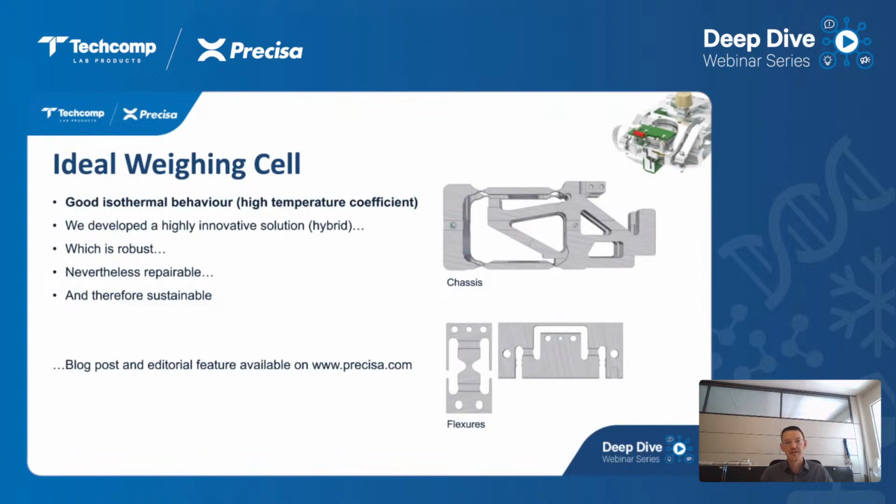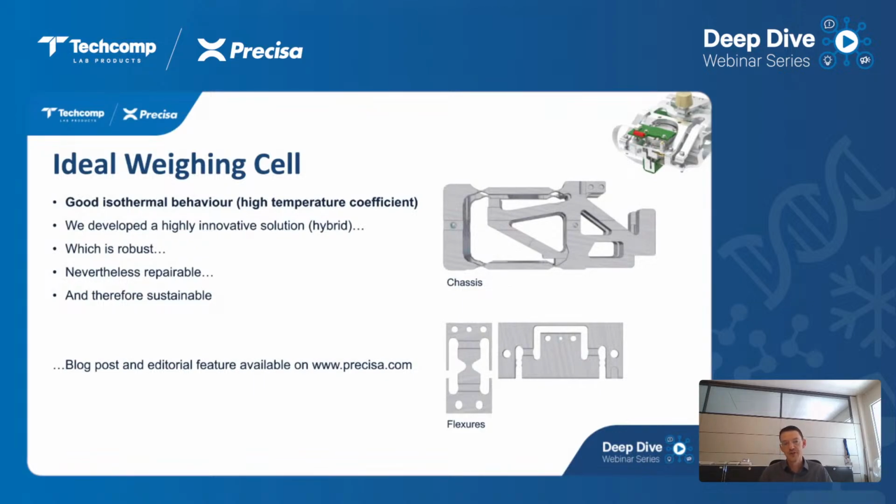This weighing cell is very innovative since it is hybrid. This means that we have the chassis, one part, but we also have separate parts, the flexures, which can be mounted or disassembled. These flexures are very robust because they're made out of an aluminum alloy, which is also used in the aerospace industry.